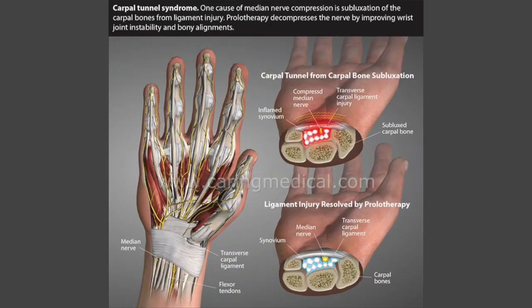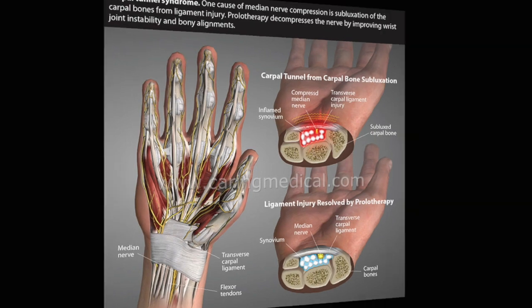So if you have looseness of the bones in the wrist, you have wrist instability, the bones are moving too much, then obviously when she does certain movements and she gets tingling or numbness, in other words, with those movements, the tunnel is getting narrowed.